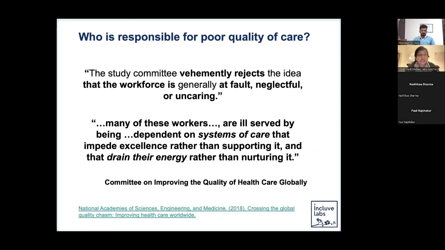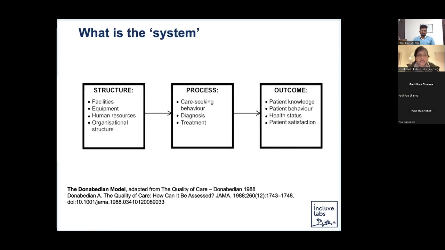And we use the word systems a lot in healthcare improvement. And the question is, what is a system? So a system is a series of steps which lead to a particular output, right? So when we say healthcare system, we say education system, a factory is a system, a family is a system, a shopping mall is a system, the human body is a system. These are all systems.